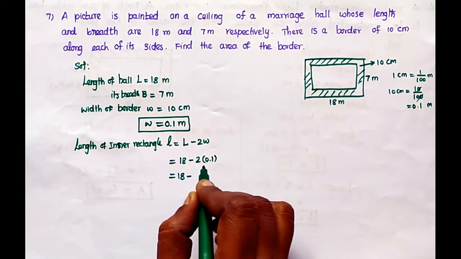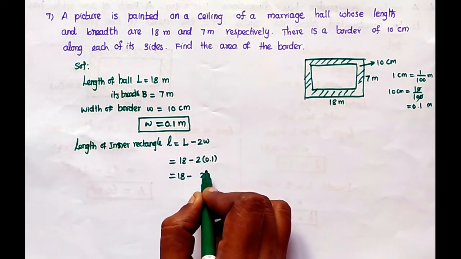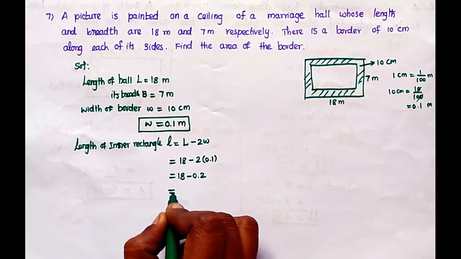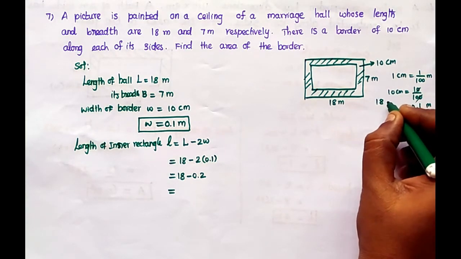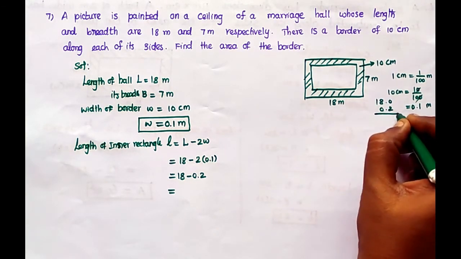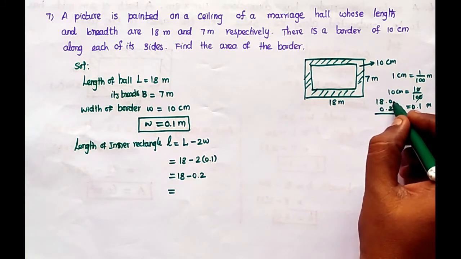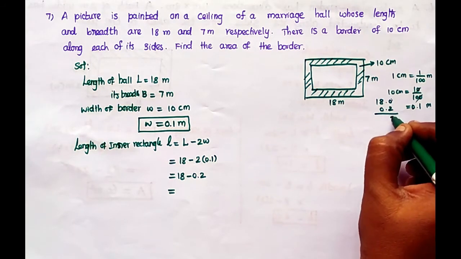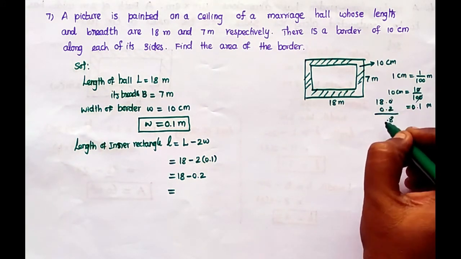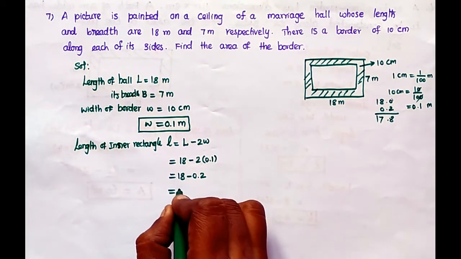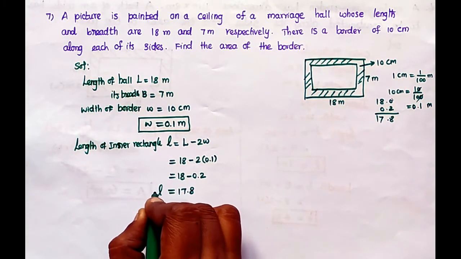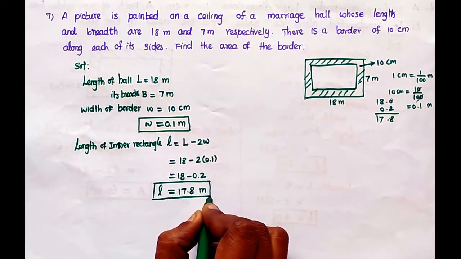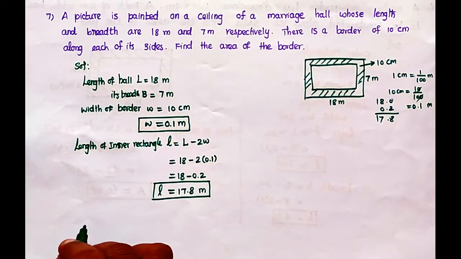So 2 into 1 is 2, so 18 minus 0.2. 0 minus 2 is not possible, so borrow 1 from here, it becomes 10. 10 minus 2 is 8. Here 7, so 17.8 meter. That is the length of the inner rectangle.